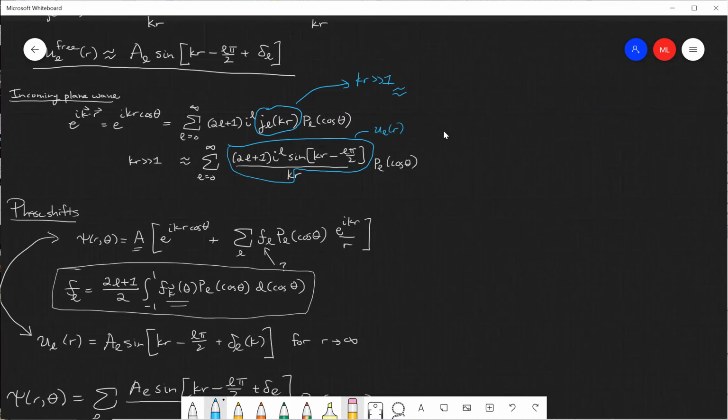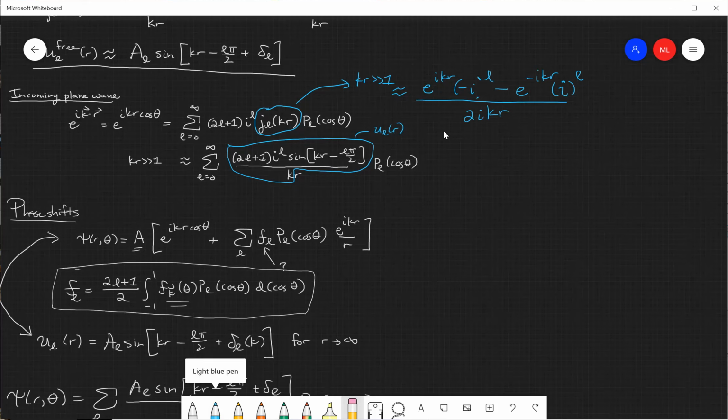You can write this as e to the i kr, and then the minus L pi over 2 gives me a factor of minus i raised to the Lth power. And then you get a minus e to the minus i kr from the sine, and then the minus pi over 2 gives me an i raised to the Lth power. And then all of this is divided by 2i kr. So just writing the sine in terms of complex exponentials instead of writing it this way.